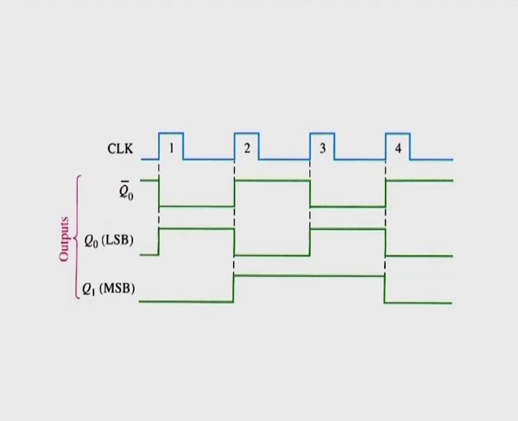Note in the figure that the 2-bit counter exhibits 4 different states, as you would expect with 2 flip-flops. Also notice that if Q0 represents the least significant bit and Q1 represents the most significant bit, the sequence of counter states represents a sequence of binary numbers as listed in this table.